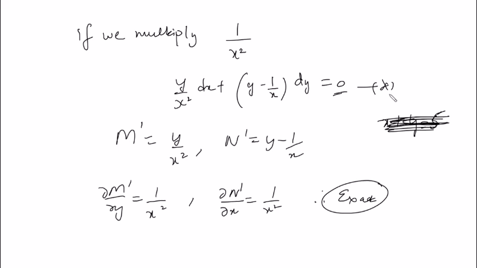But if we are not able to find it, how are we going to use it? There is no point talking about the theory of whether there exists an integrating factor or not. The point is, if you are able to find it, you will use it. If you are not able to find it, you have to think of some other way of solving the same differential equation. It's not that if the integrating factor is not found, it won't be solvable.